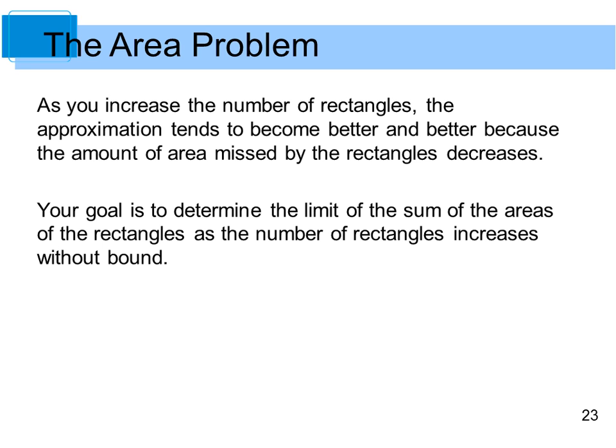This is called the limit process. As the number of rectangles approaches infinity, the area of the total space approaches the area of the actual region that we're trying to find.